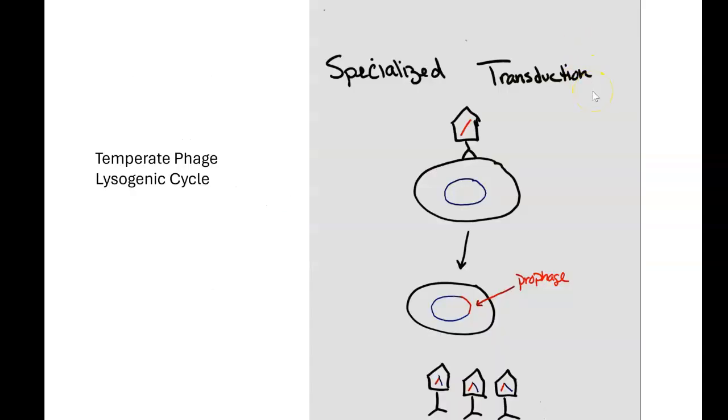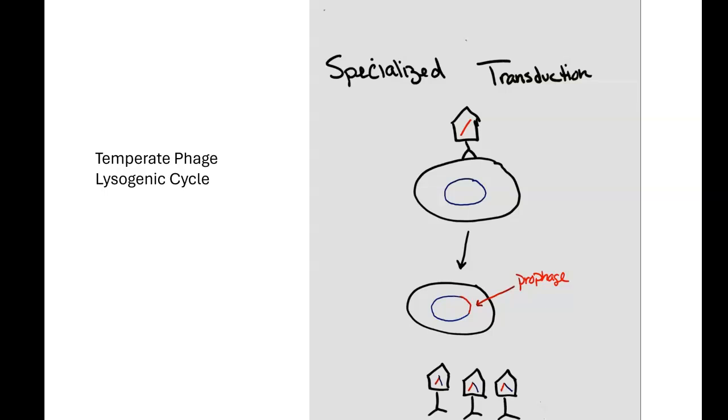The second type of transduction is specialized transduction. This is when a temperate phage infects the cell and it's going to undergo the lysogenic cycle. So in that picture, we've got our bacteriophage, and it's going to inject its DNA, but it's not going to take over that host cell machinery right away. This is that longer, sneakier cycle, the lysogenic cycle.